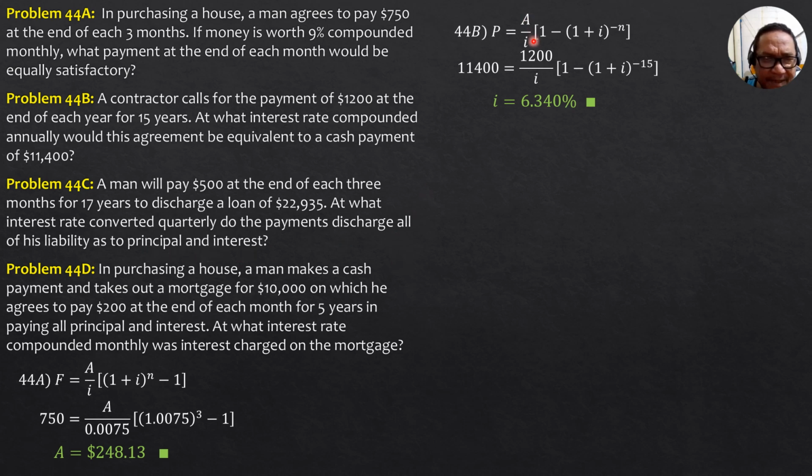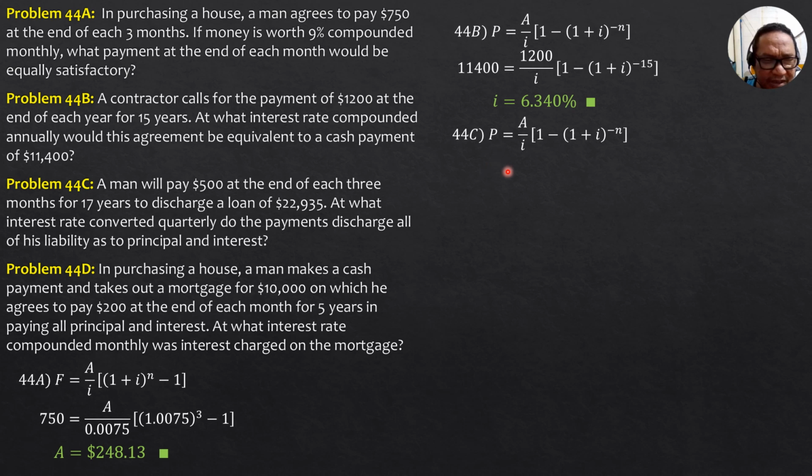So we have P equals A over i, quantity 1 minus 1 plus i to the negative n, where A is 500 every 3 months. i is nominal rate of interest over 4. We're looking for that, NR. And n is 4 times 17, so that would be 68.